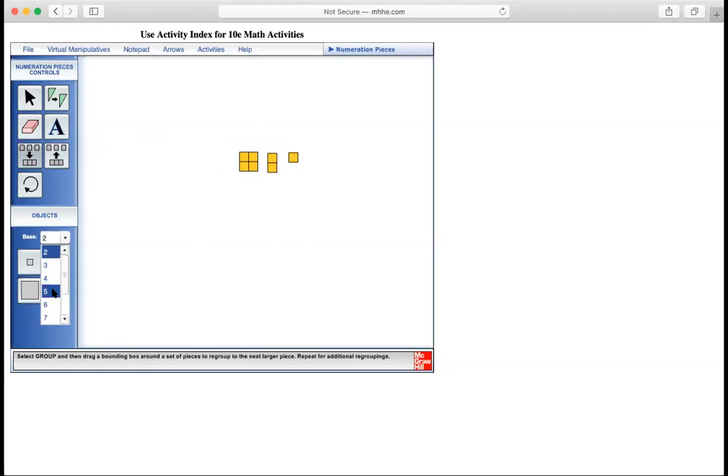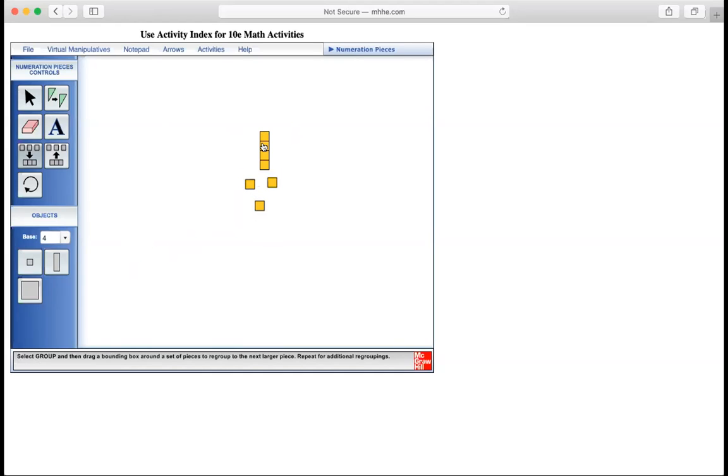Same goes if we're in a different base. Should we try base 4? So I'll put out 7 again. Now when we're in base 4, we're thinking, how many groups of 4 can I make? Here, one group of 4, but is this a group of 4?